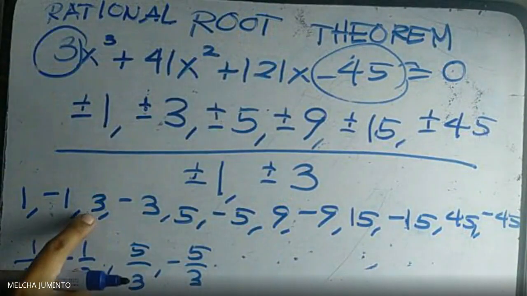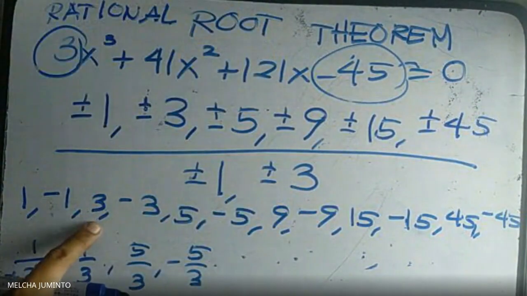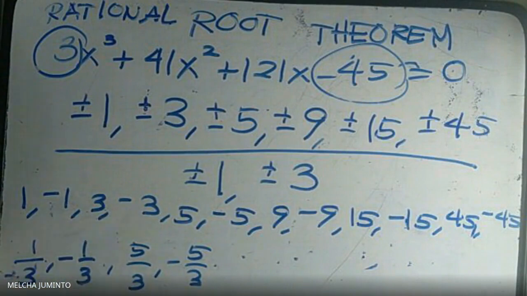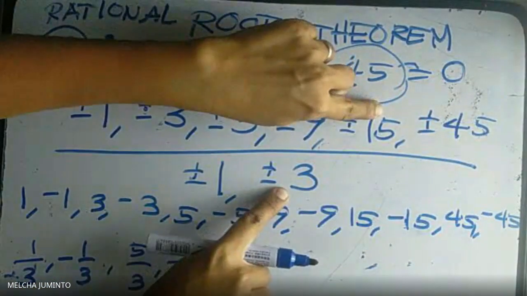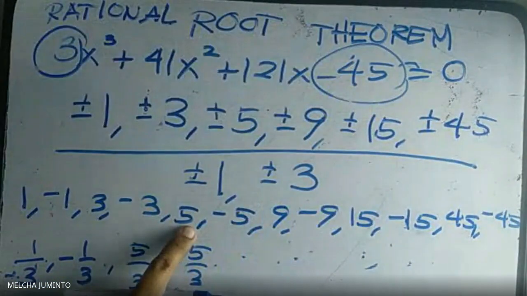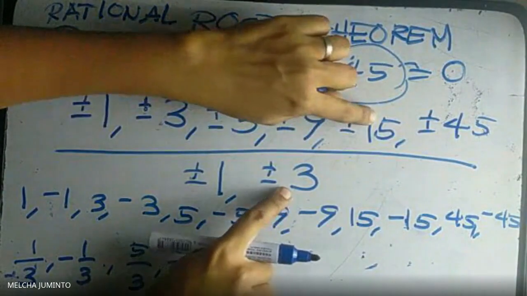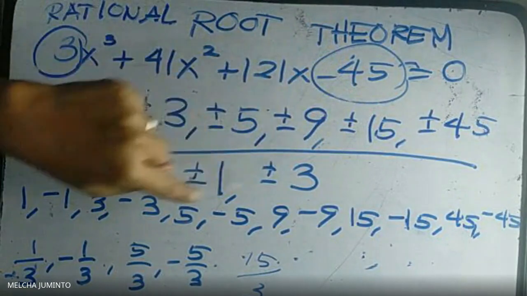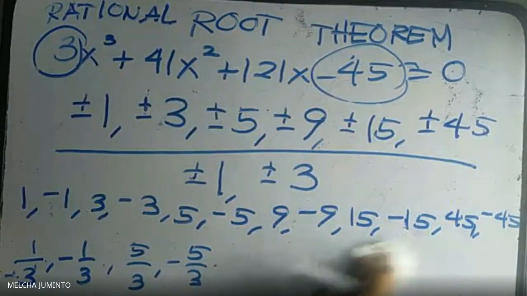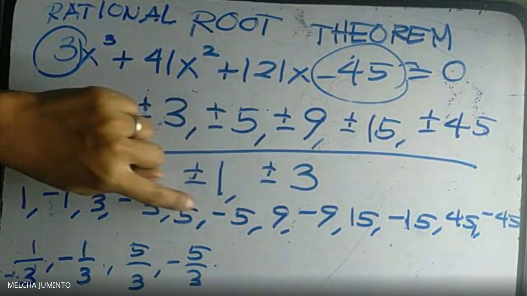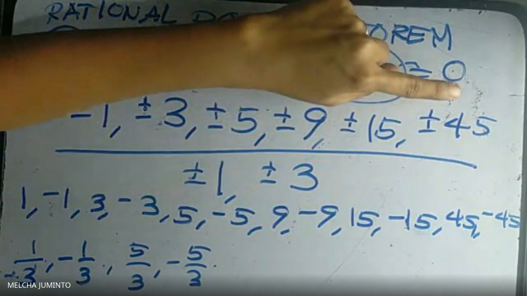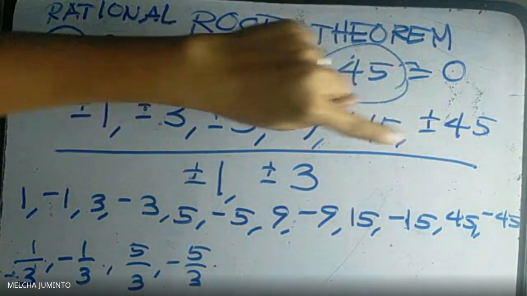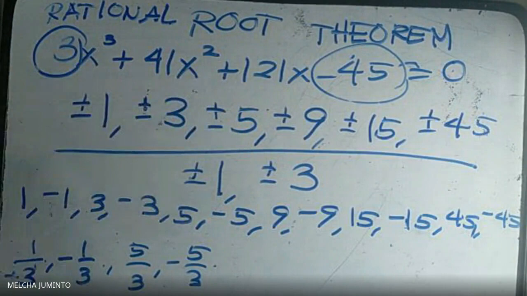Do not repeat 9 over 3 because you already have 3 and negative 3. 15 divided by 3 equals 5. Do not write 15 over 3 as a fraction because you can divide that as 5, and it is already listed. Next is 45 over 3, which is 15.